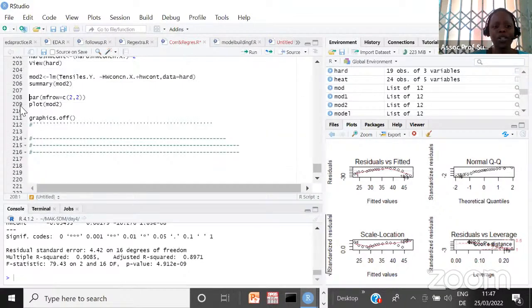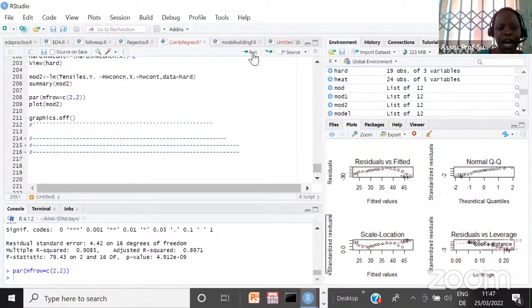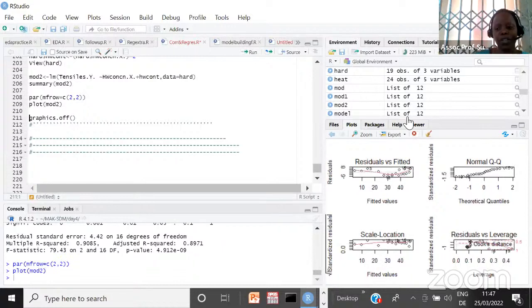When you go to line 208, we instruct the program to arrange our window in a 2x2 layout and then draw our plots. I'm going to try and zoom in again and see whether I can get these plots. Let me try.